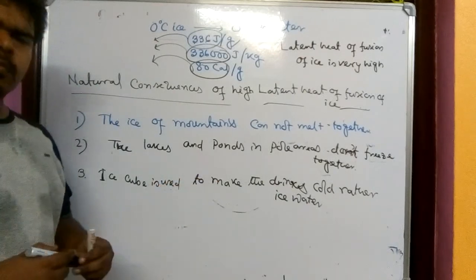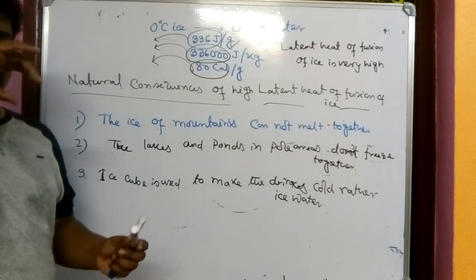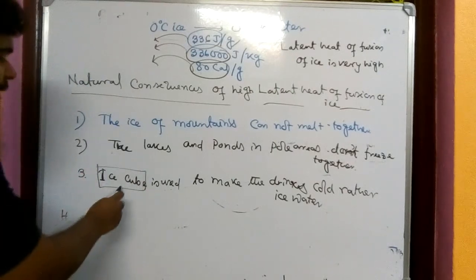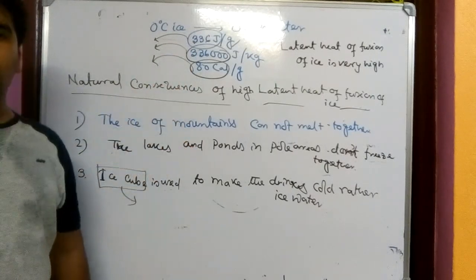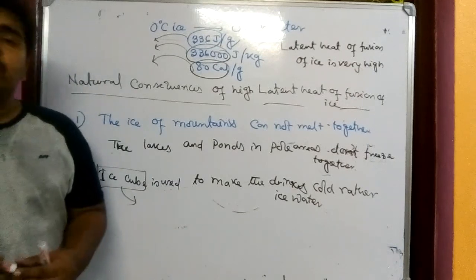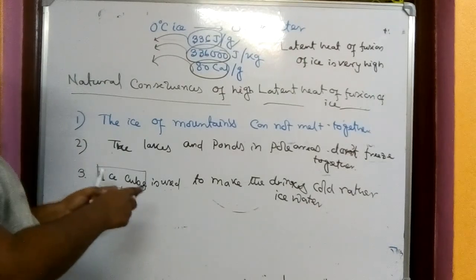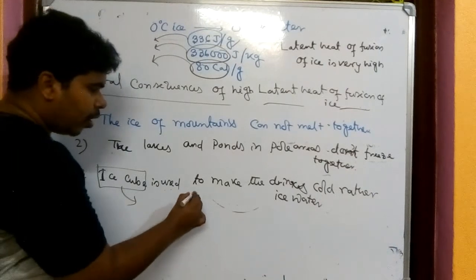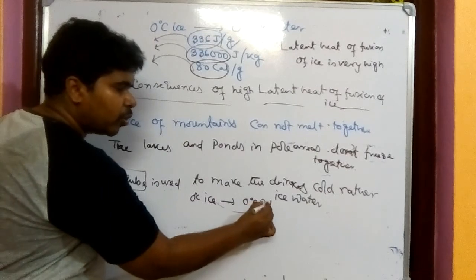Ice water means the water is also at 0 degree centigrade, but the phase is not changed. Why? Because in ice cube, this much extra heat energy is being taken out, so it is more cool. Sometimes the question is asked, which is cooler, 1 gram of ice or 1 gram of ice water, that is, 0 degree centigrade ice or 0 degree centigrade water?